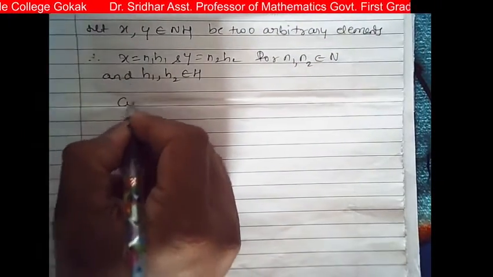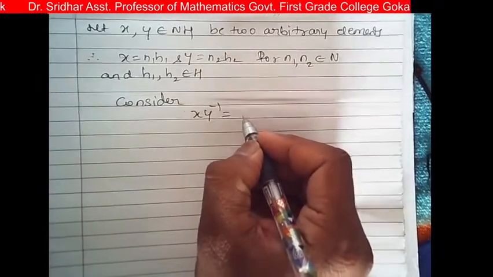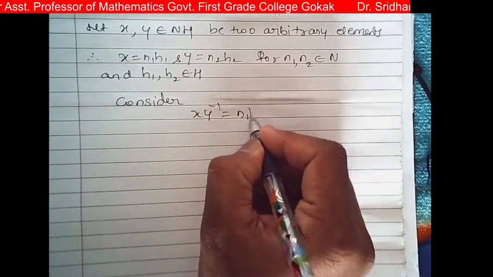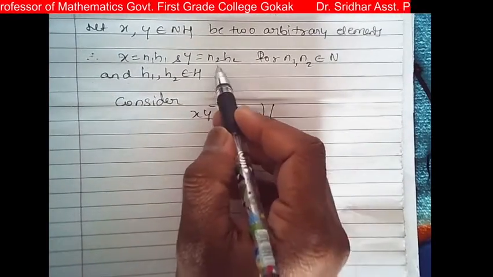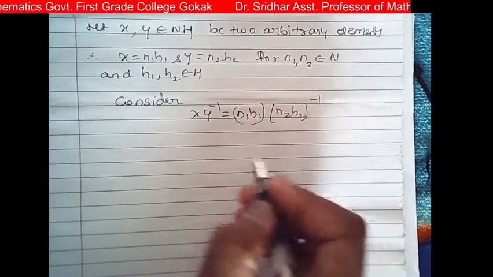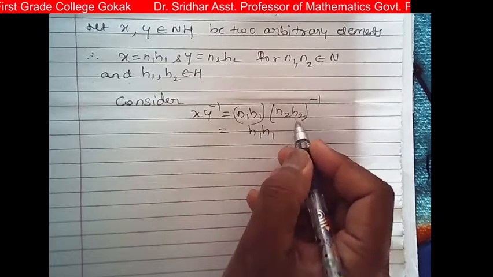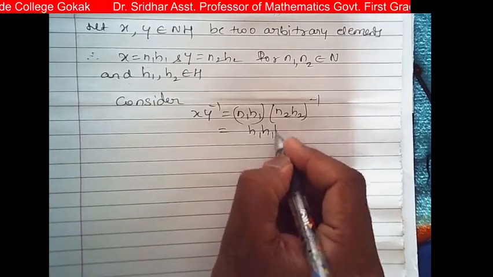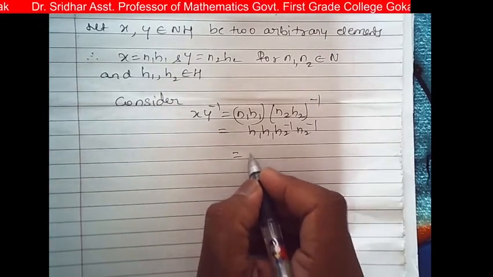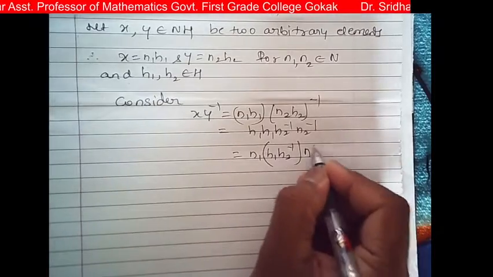Now consider xy inverse. This is x, n1 h1, and y is n2 h2, so n2 h2 whole inverse, which can be simplified as n1 h1, then bring this h2 here, so h2 inverse n2 inverse, which is equal to n1 into, group this h1 h2 inverse, then n2 inverse.